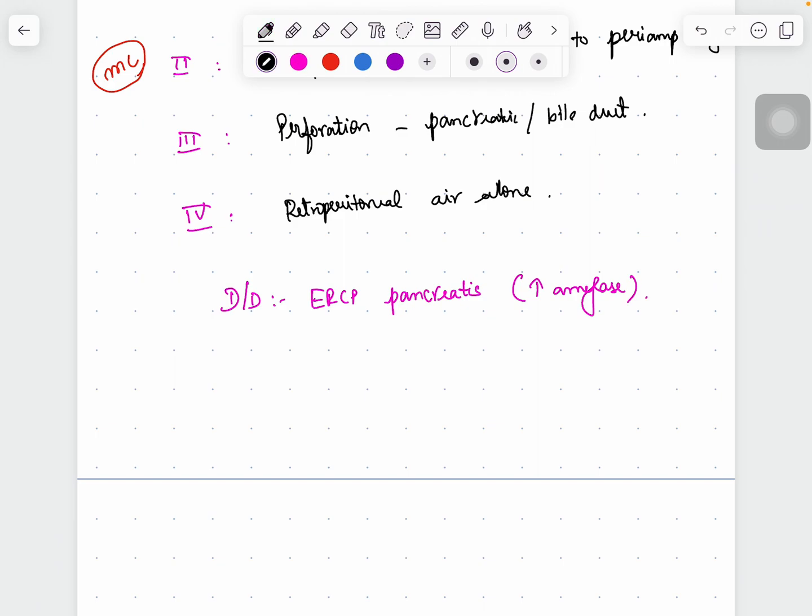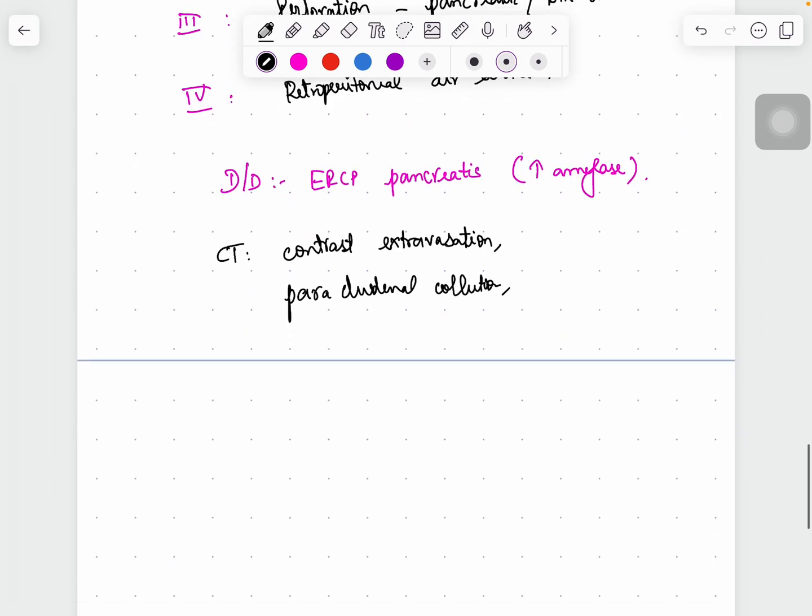On CT, findings include contrast extravasation, and there might be retroperitoneal air, and paraduodenal collections are common. Retroperitoneal air is seen in 30% of the population.